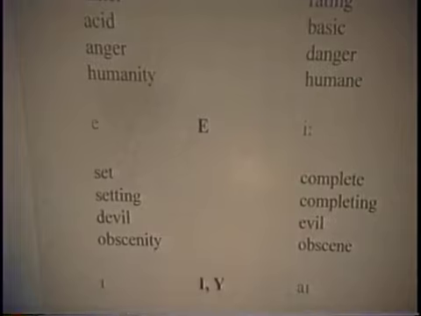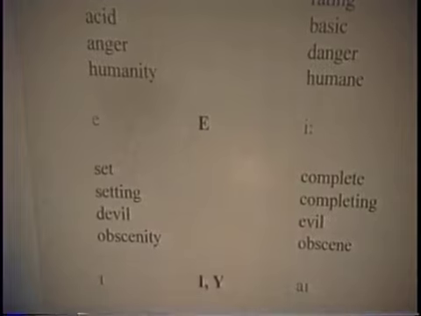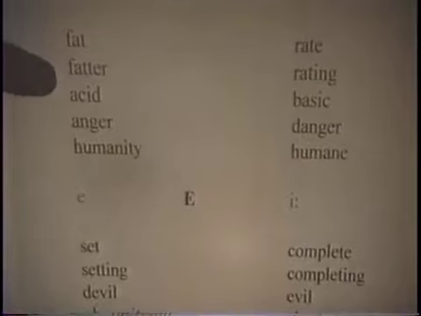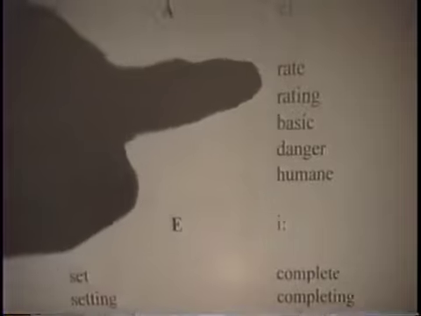With the short vowel, fat, but then we use this doubling of the consonant to remind ourselves that it's still a short vowel in the comparative fatter. Conversely, we use A consonant E to reflect the long vowel, the diphthong in rate, but we drop the E when we add an ending, giving us rating.